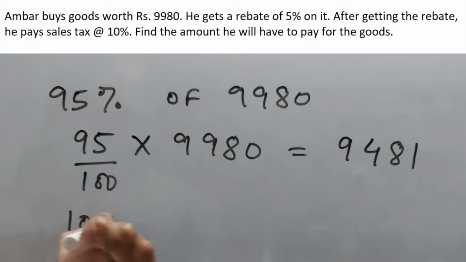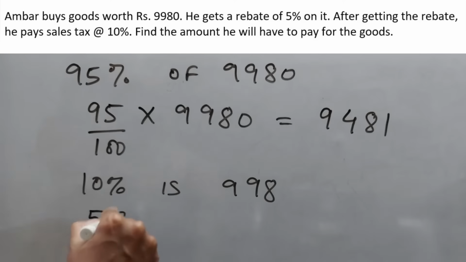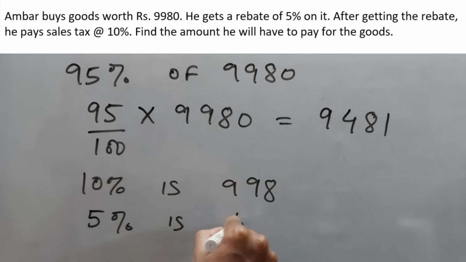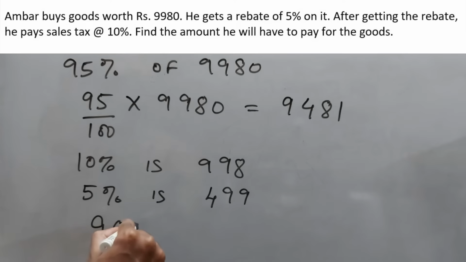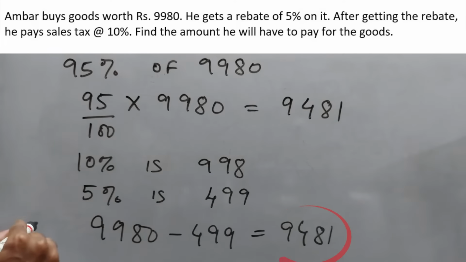See, 10% is 998, right? Now 5% is half of it, so that is 499. Simple. Now 95%, 9980 minus 499, that is 9481, right? Yeah, we can write 95%.